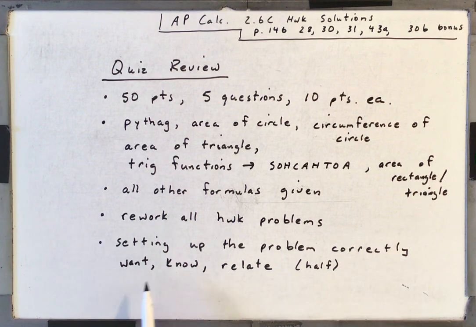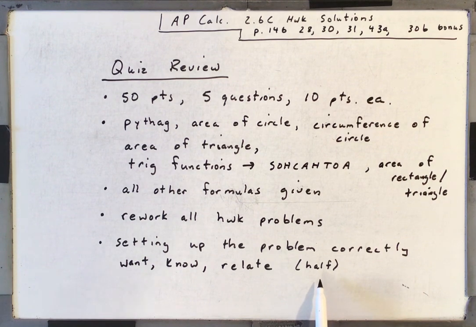So if you know what you want from reading the problem, and then write down what you know correctly from the problem, and write down the correct equation. If you mess up on the derivative or mess up on the plugging in, that's one thing, but setting it up correctly, all parts, will get you half credit, and then the calculus part and the plugging in part is the other half.